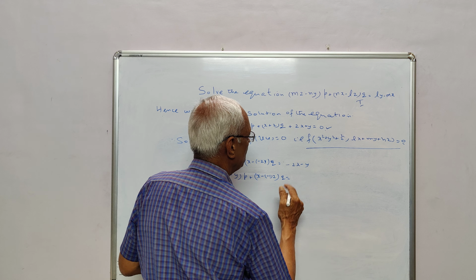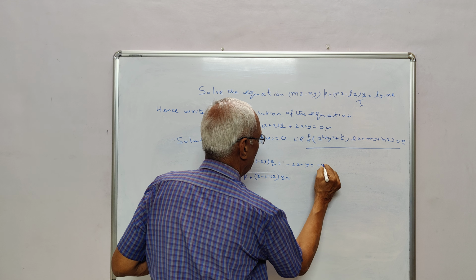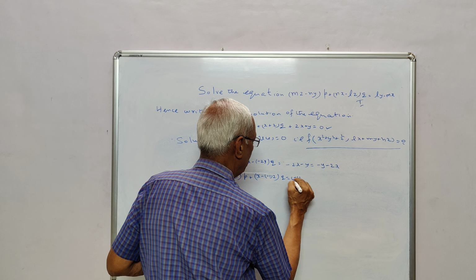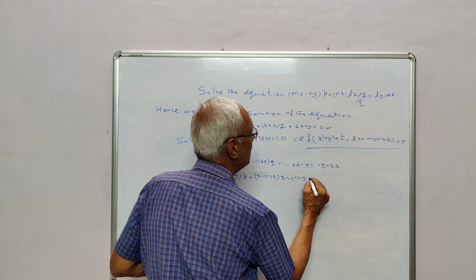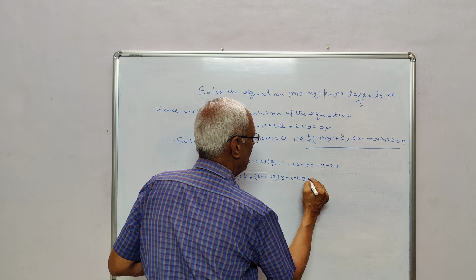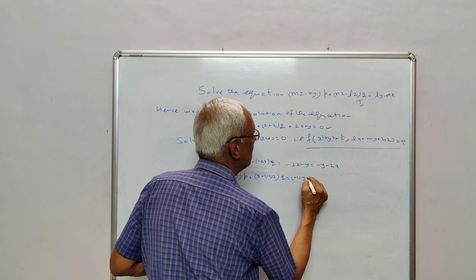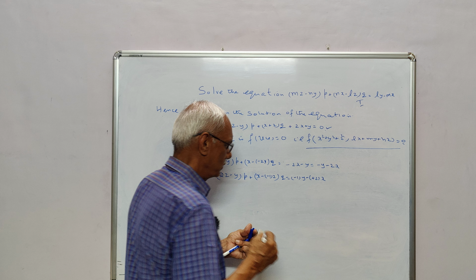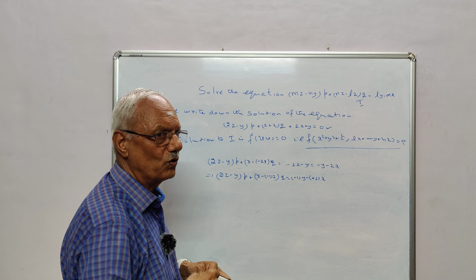So it is minus y minus 2x, so minus 1 into y, it is minus of plus 2 into x. So identify in that way, nothing more than that.